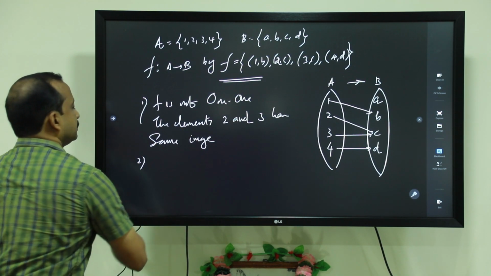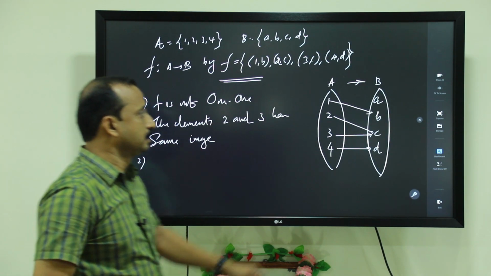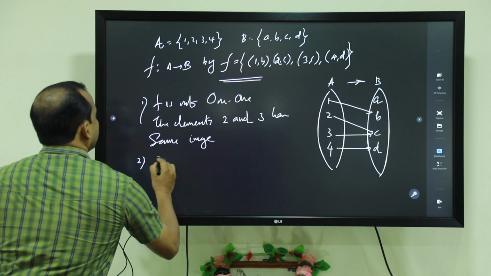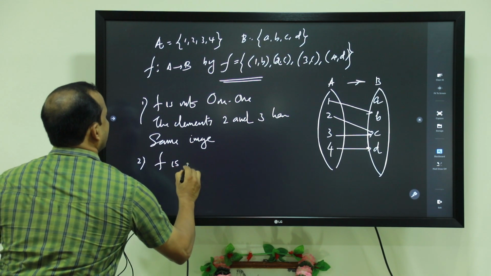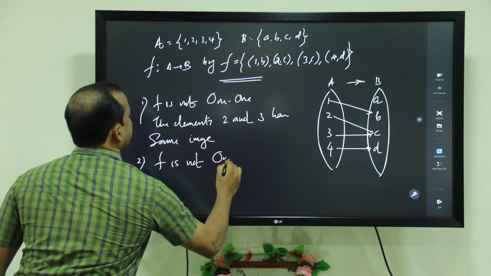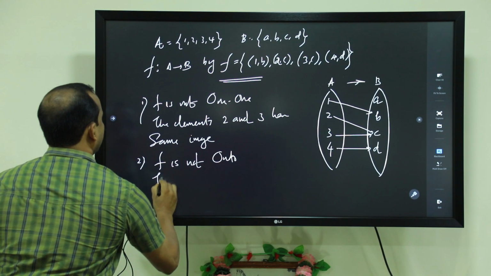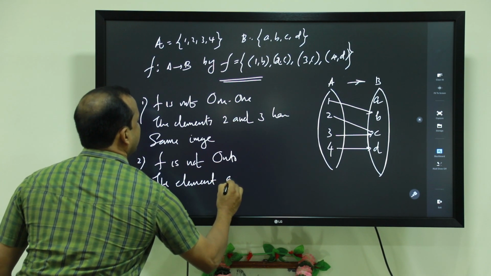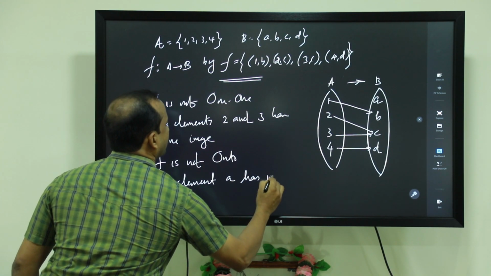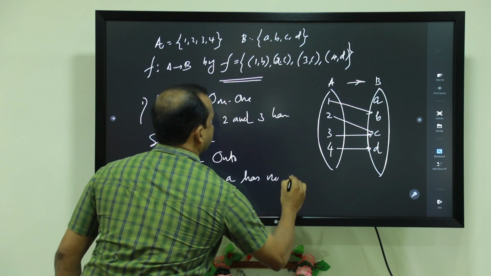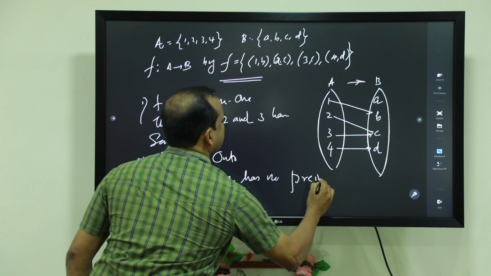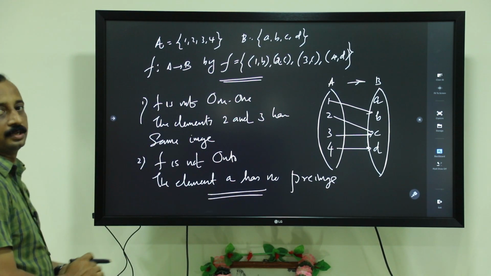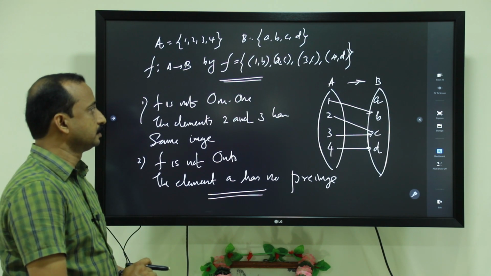And second, check whether f is onto. Clearly f is not onto because the element A has no pre-image. That means our function is not one-one and not onto.